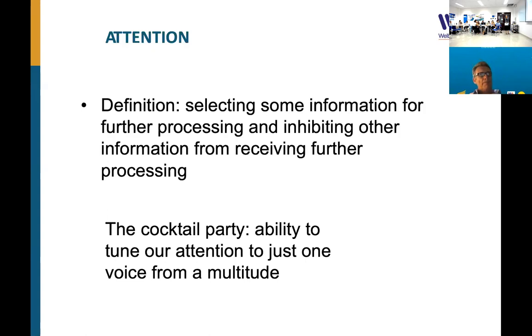The definition of attention is selecting some information for further processing and inhibiting other information from receiving further processing. So you have two parts in attention. You have the selection process, and you also need to have an inhibition process.